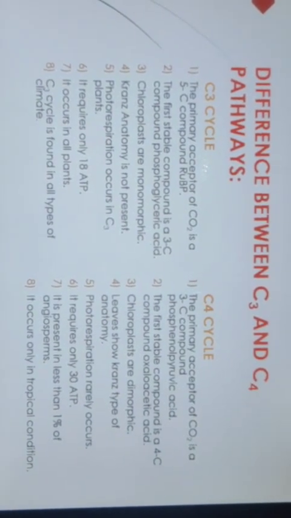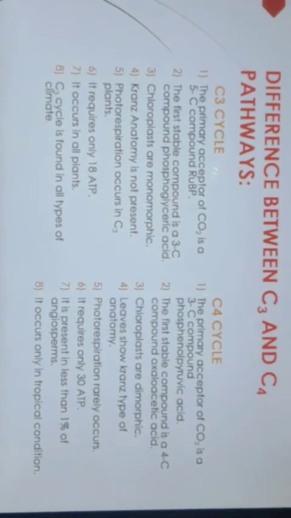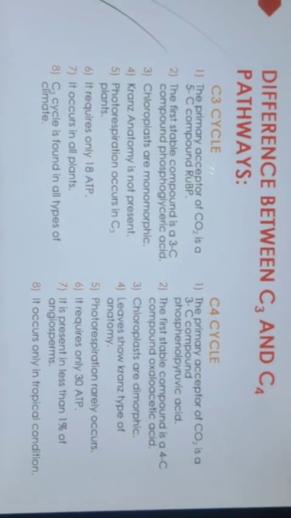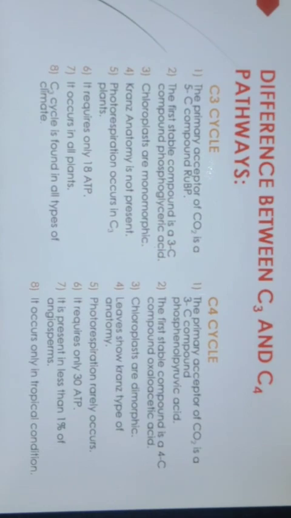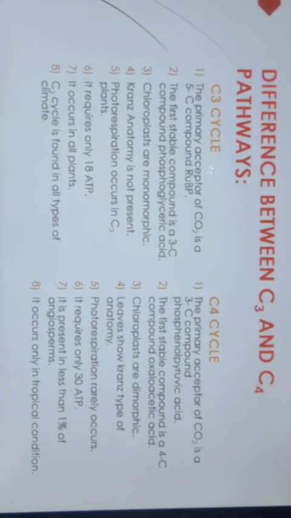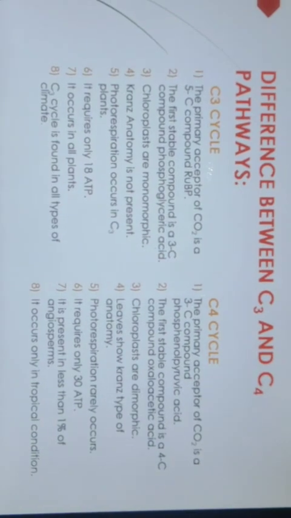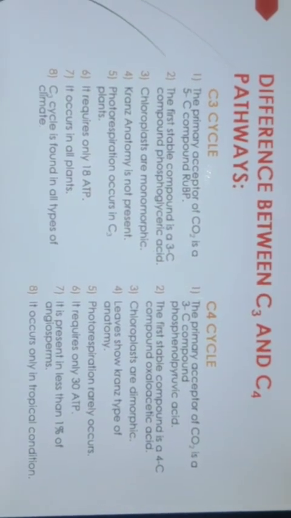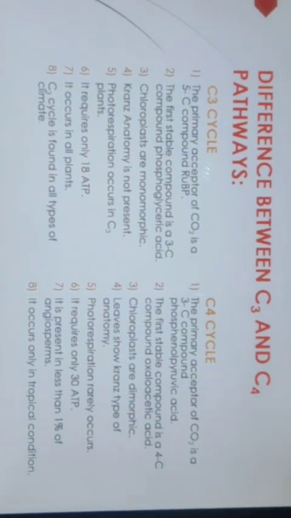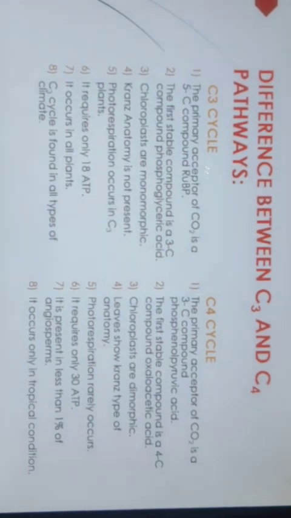So this point should be remembered always, that in the C3 cycle, it is a 3-carbon compound, and the name of the compound is phosphoglyceric acid, whereas the first stable compound in the C4 cycle is oxaloacetic acid.